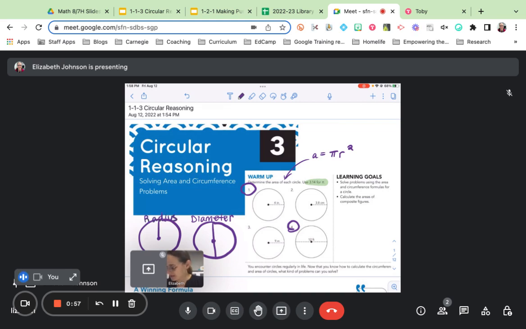And this, the radius, is the length that you're going to use in the warm-up because we're calculating area, and area is equal to pi times the radius squared. So keep this in mind. Remember your vocabulary, pause the video, and take a minute to think about our warm-up, number 1 and number 4. Hit play when you're ready to talk about the warm-up.